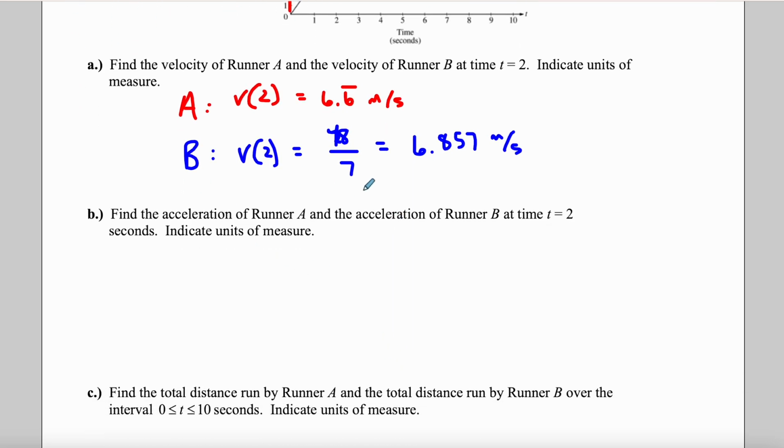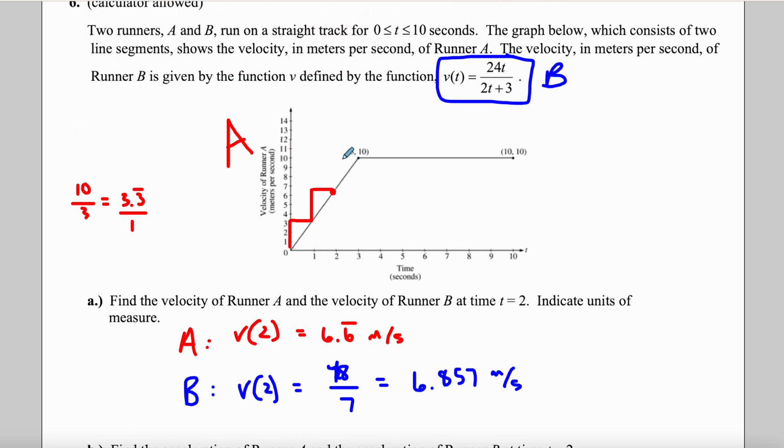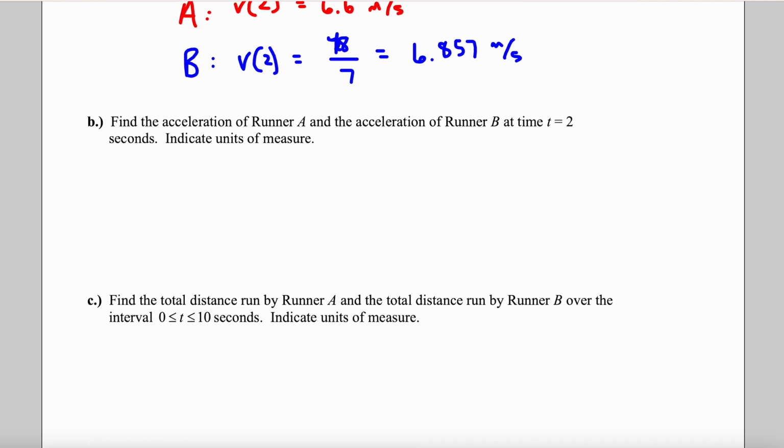Acceleration, that's going to require slope. And on this one, math 8. So for letter A, we already kind of figured that out. Letter A, the slope of the graph at 2, we already did that before, was 10/3. 10/3 is 3.3 repeating, and that is now in meters per second squared.